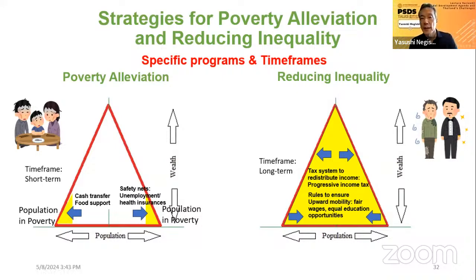So by applying fair wage practice and providing equal education opportunities and so on, the population in this area can move up. Well, in this case, horizontally, from this side go to the right-hand side.